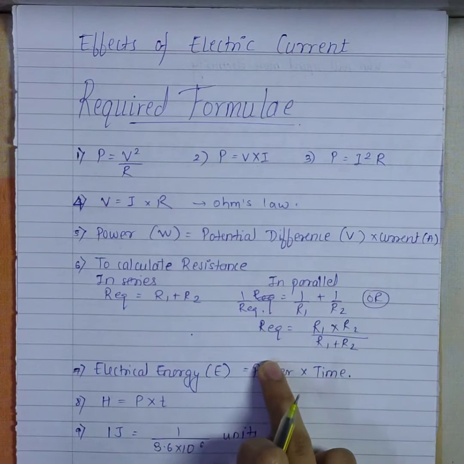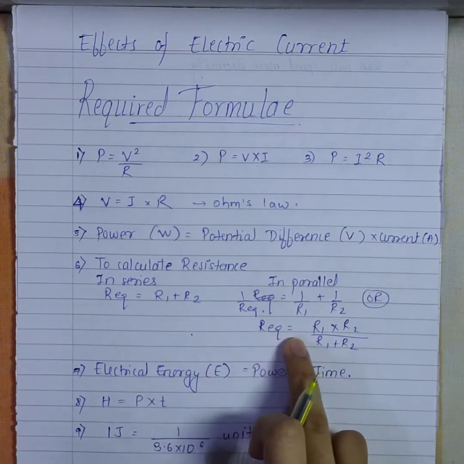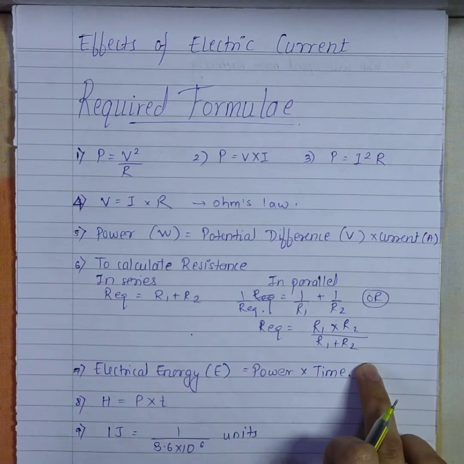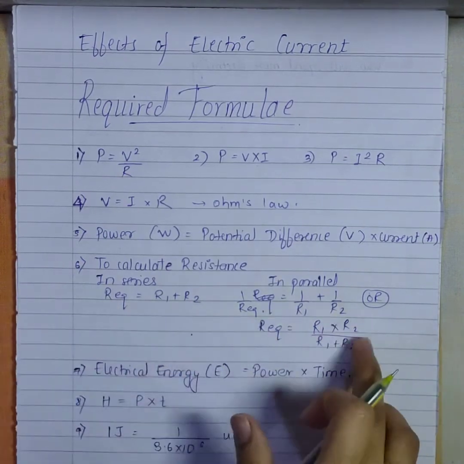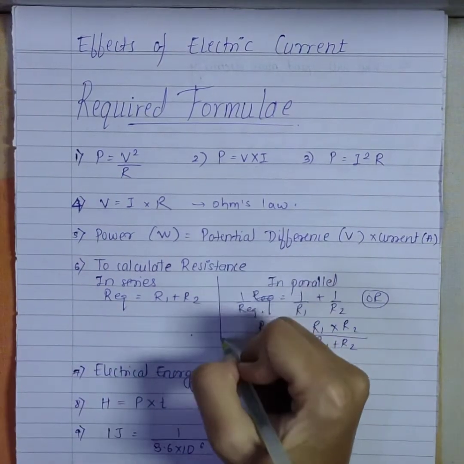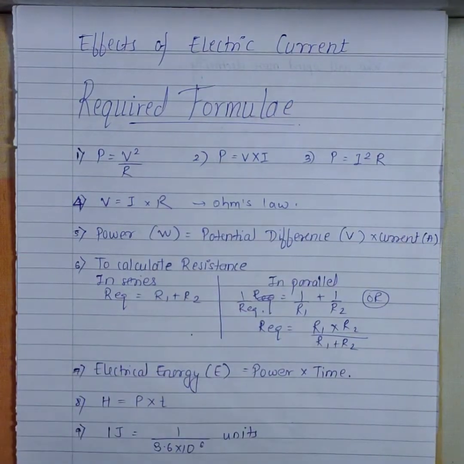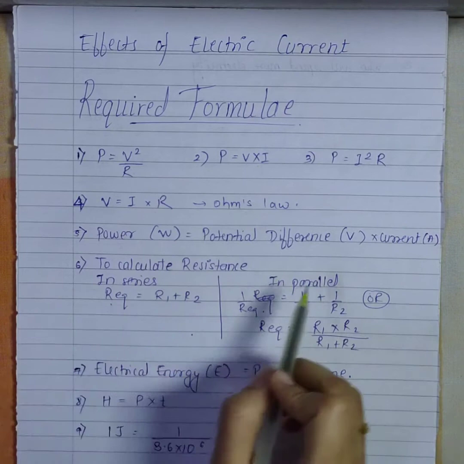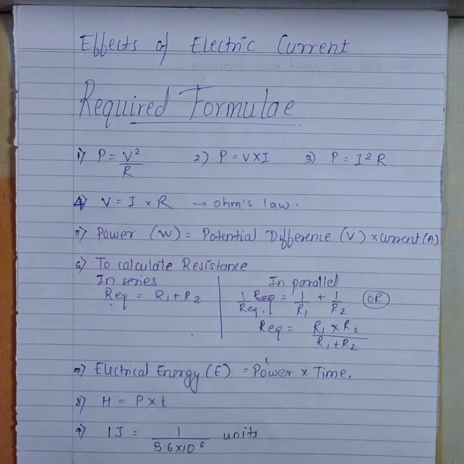Or you can write it as R equivalent is equal to R1 into R2 upon R1 plus R2. So these are your 2 formulae for solving the resistance problems. In series, it is a different formula, and in parallel, it is a different formula.